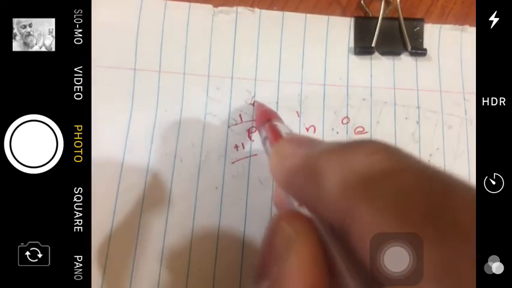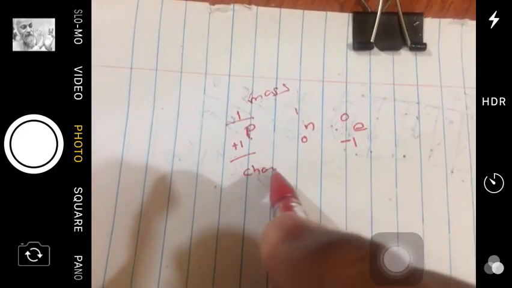A proton has mass 1 and charge 1, and a neutron has mass 1 and charge 0. So these three building blocks of material life are defined using these two numbers. One is an indicator of mass, the other is an indicator of charge.